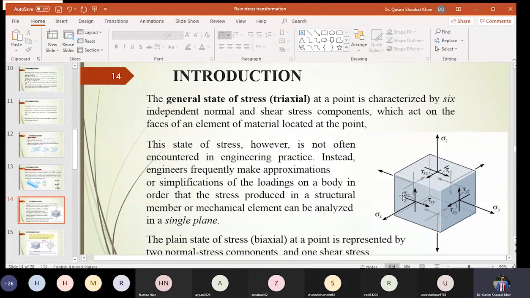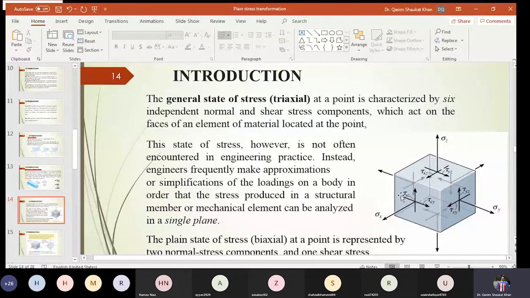Then you have this shear stress. Now this shear stress, because it is acting in the x plane, and it is oriented in the direction of the y-axis, is tau xy.